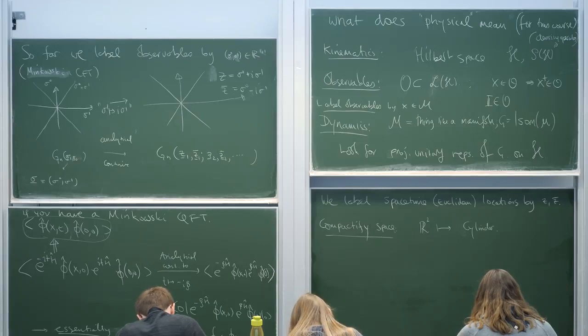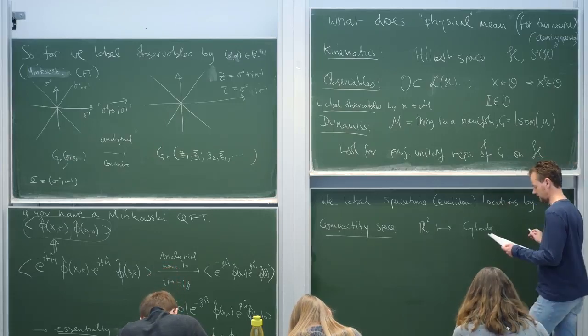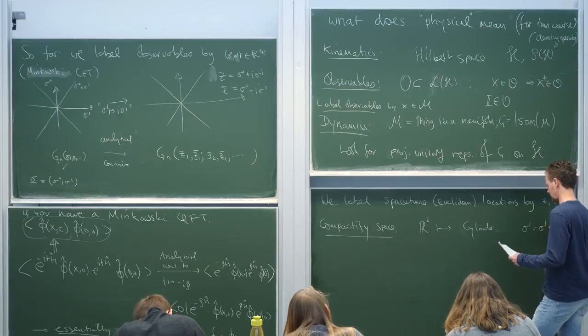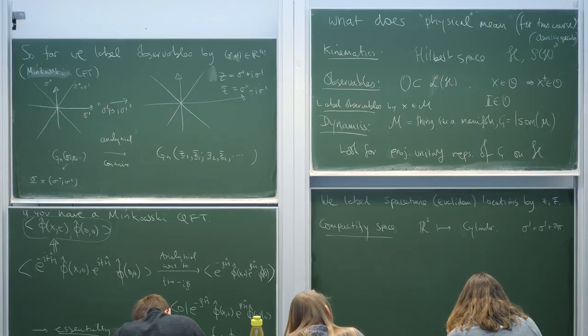So we no longer look at Euclidean space-time. We instead compactify the space direction or time direction, whatever you like, they're the same in Euclidean, by saying that sigma 1, for example, equals sigma 1 plus 2 pi.